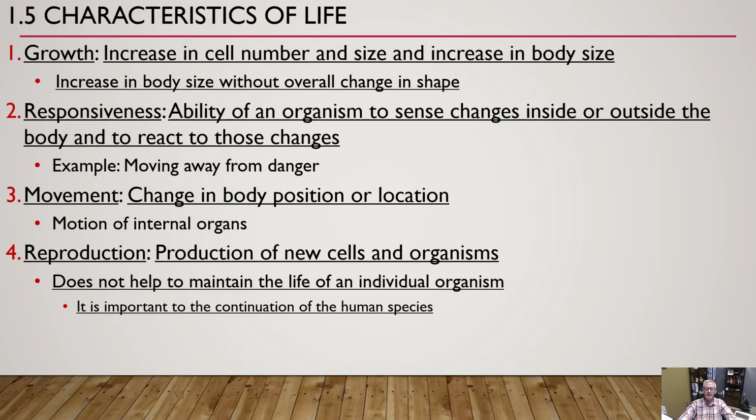And those changes that are occurring inside, about 99.9% of the time, we don't know about those changes that are occurring inside of our body. And like I said, those are our feedback loops that we'll talk about later in this chapter. Those are all things that are happening on the subconscious or unconscious level.